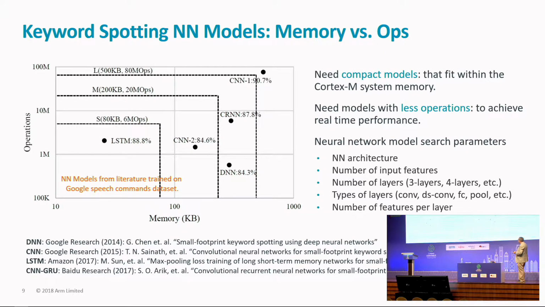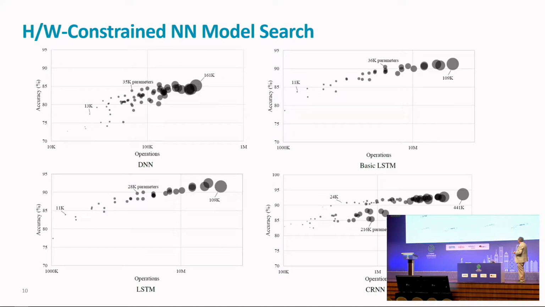But we did our own research into this, and we looked at a series of these different neural net models. What this basically shows is a three-dimensional map of the different models, where we have accuracy on the y-axis, and we have the number of operations it takes to get to an inference on the x-axis.